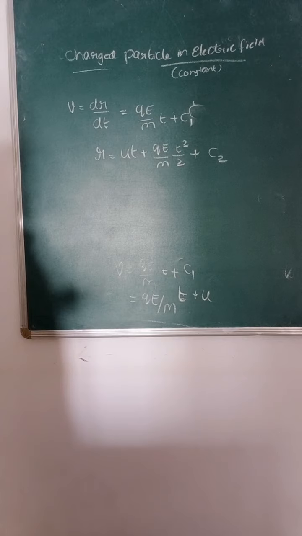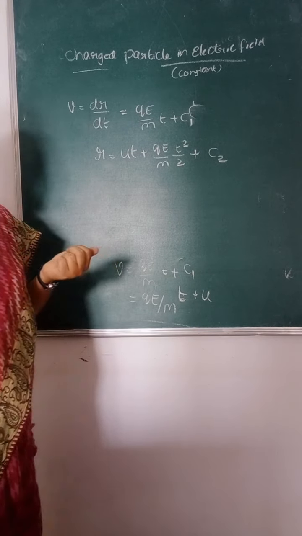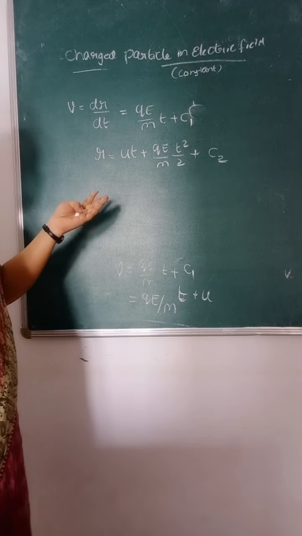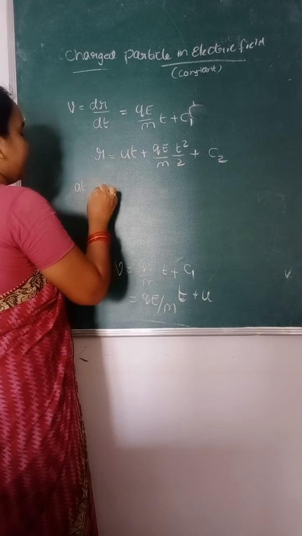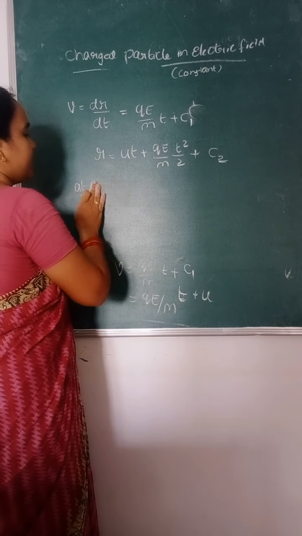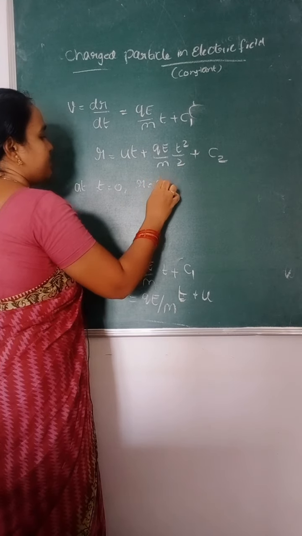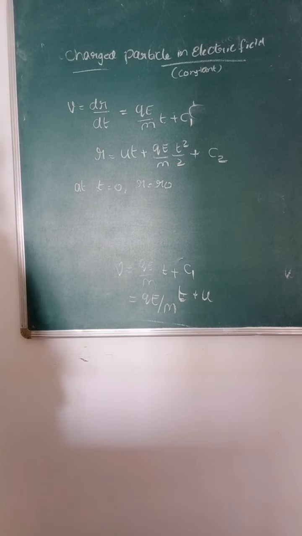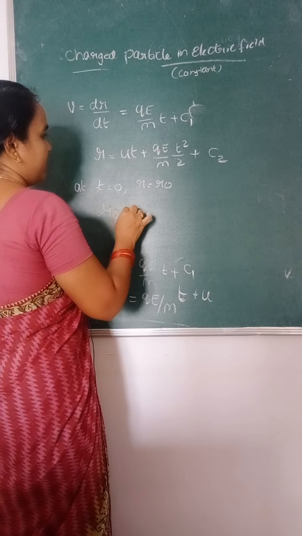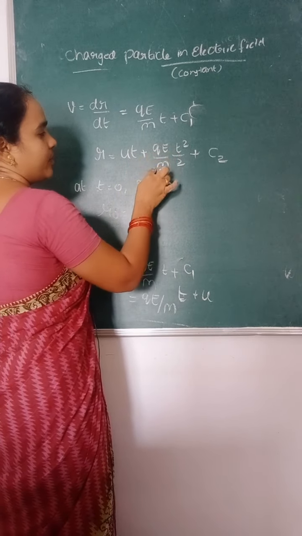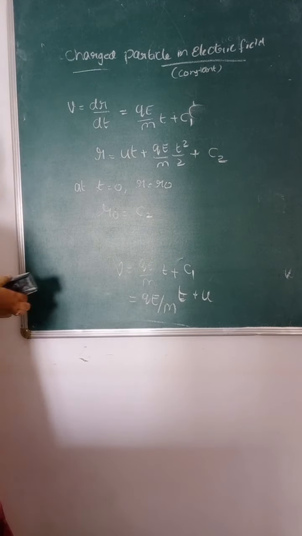Here c2 is the constant of integration, which can be calculated by the initial condition. Let us suppose that at the initial time, that is at t equal to 0, the initial displacement of the charged particle is r naught. Then c2 value is r naught.